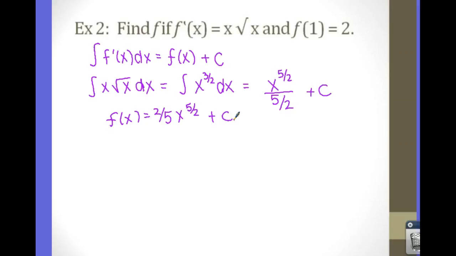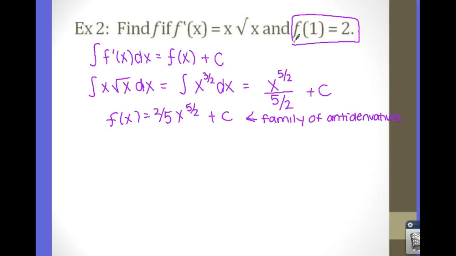This is what we call a family of antiderivatives. It's a family because the c could be any number in the universe. What I want to do is find the specific member of the family that satisfies this condition.